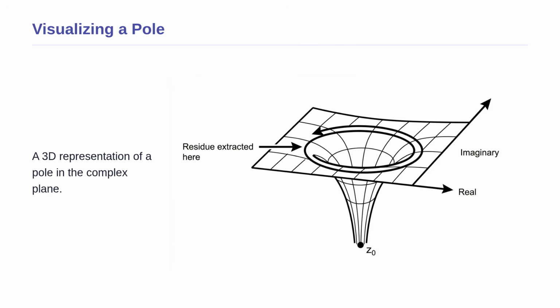Notice the circular arrow looping around the rim of this pit? This loop represents the path we take around the singularity. The label shows where the residue is extracted. By evaluating the function along this circular path, we capture that single highly valuable number, the residue, which completely defines the behavior of the function around this infinite drop.